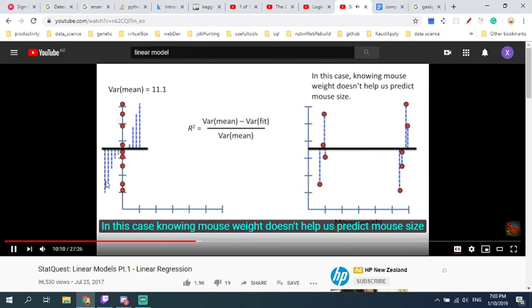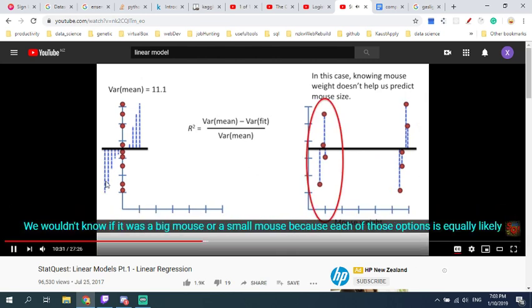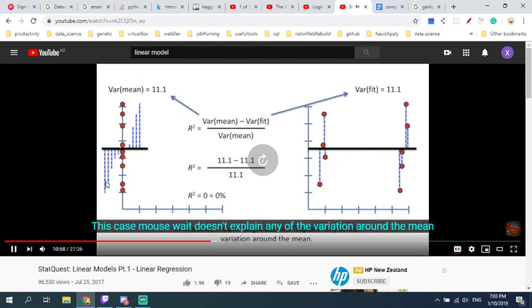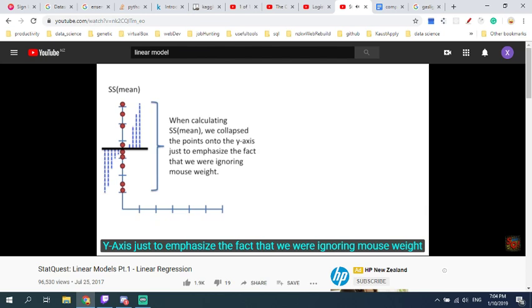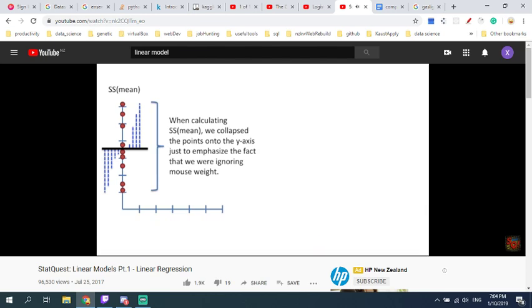In this case, we collapse the data onto the y-axis just to emphasize the fact that we were ignoring mouse weight.